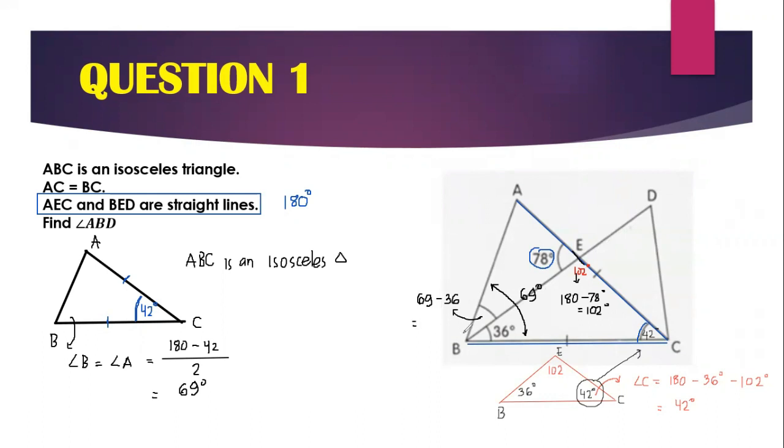So we'll find this angle is 33 degrees. So the question is, find angle ABD. Angle ABD equals 33 degrees. Is it clear? This one, ABD here. So angle ABD is 33 degrees. Very easy, right?